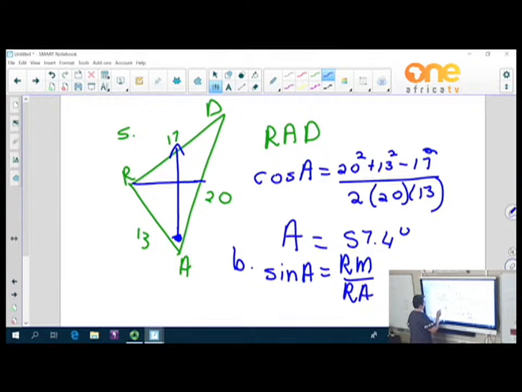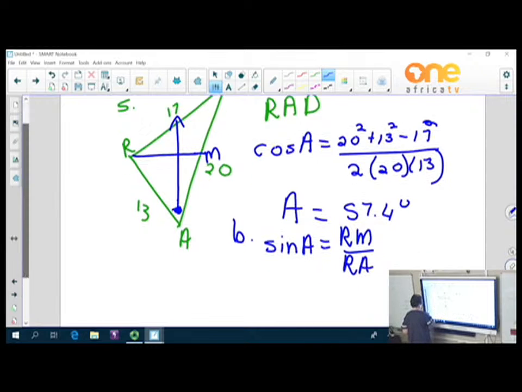You can just look here, RM, this is now the shortest distance that we want to find here, over RA. This is then actually a 90-degree angle, so that's why we can use the sine function now there.